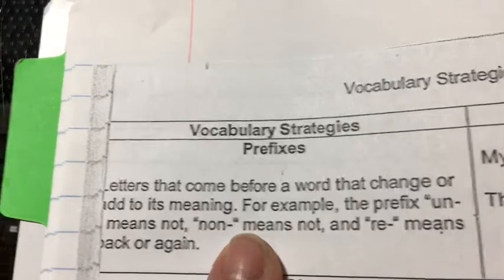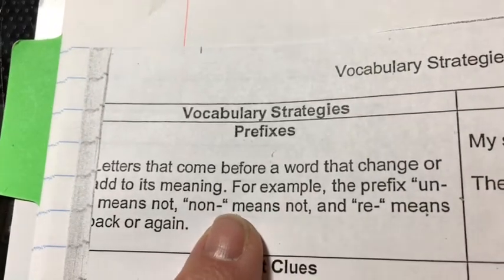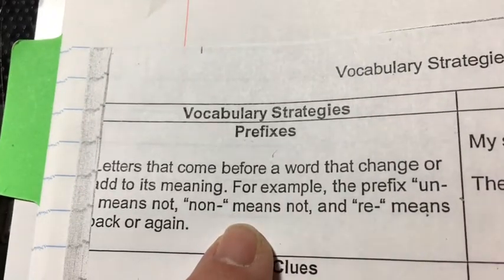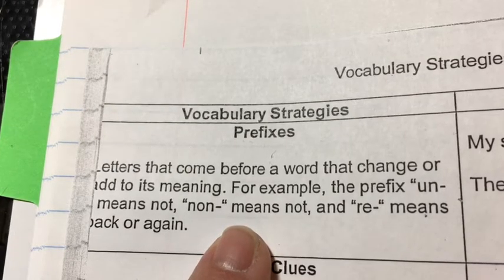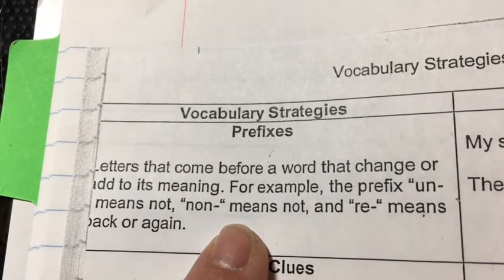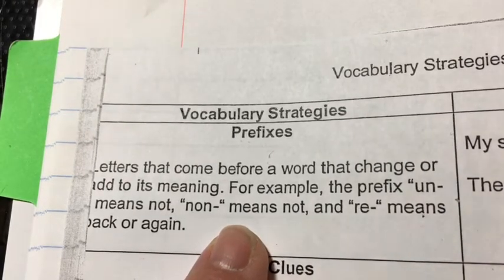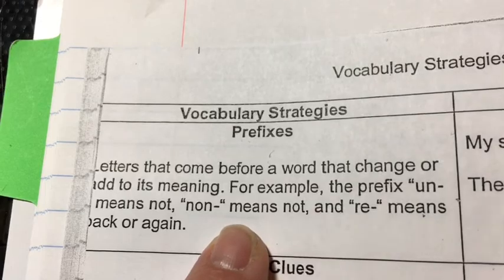For instance, if you have a word like prepay, you know that the word pay means that you're going to pay out some money. The word pre means that you're going to pay before you do whatever it is you want to do.